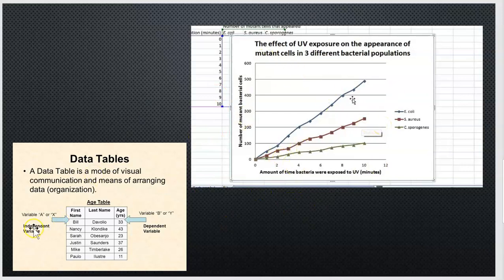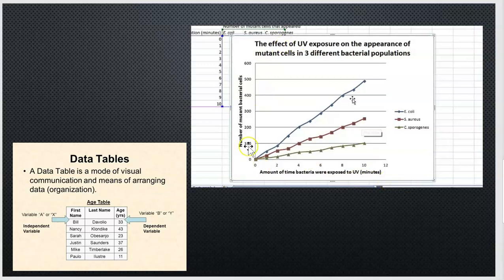Okay, so our independent variable is going to go on our x-axis. I want you to remember that. Write that down somewhere. When you are collecting data and then graphing it, remember, here's a chart or a table, here's a graph. 2 different ways of communicating information. Your independent variable, what you are changing, is always going to be on your x-axis.